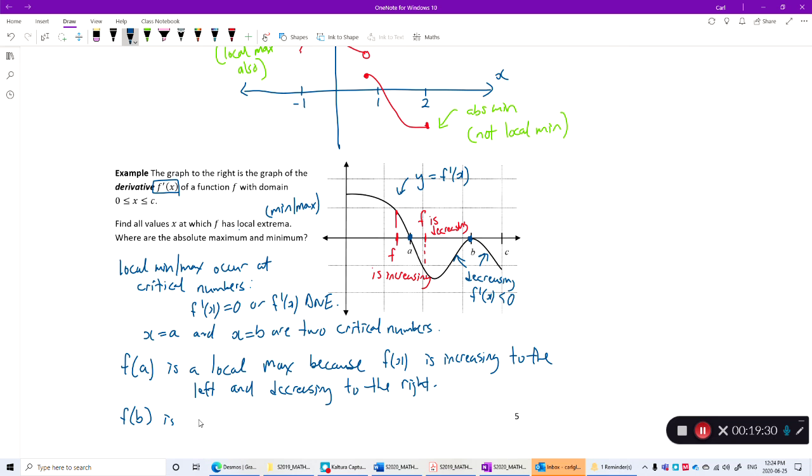So f of b is neither a local max nor a local min, because f is decreasing on either side of x equals b.